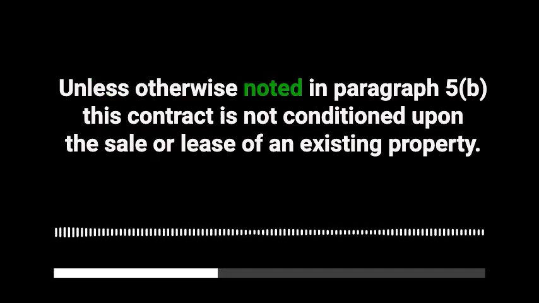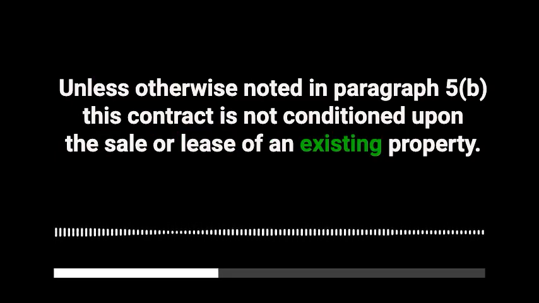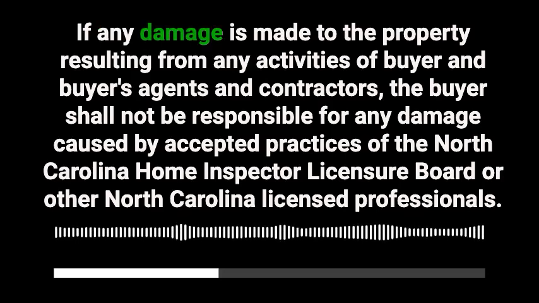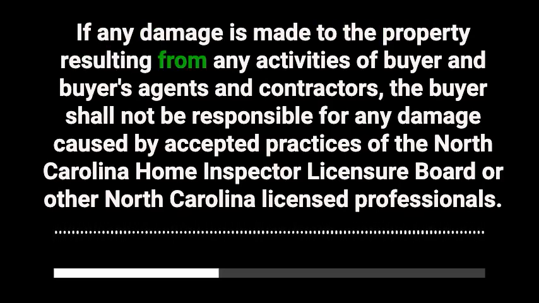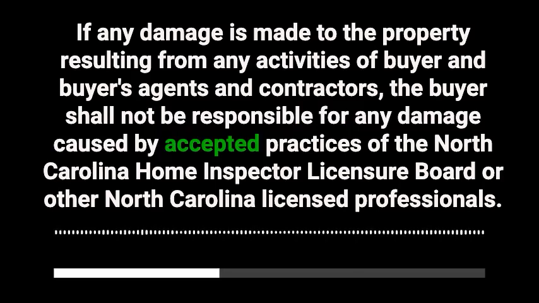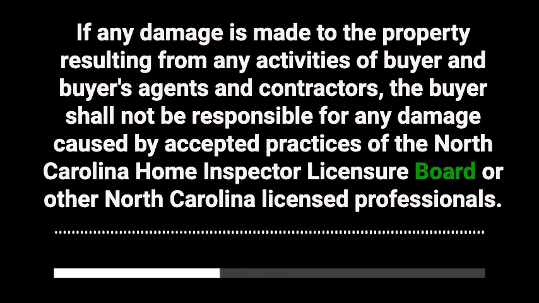Sale, lease of existing property. Unless otherwise noted in paragraph 5, this contract is not conditioned upon the sale or lease of an existing property. Buyer's obligation to repair damage. If any damage is made to the property resulting from any activities of buyer and buyer's agents and contractors, the buyer shall repair it. The buyer shall not be responsible for any damage caused by accepted practices of the North Carolina Home Inspector Licensure Board or other North Carolina licensed professionals.